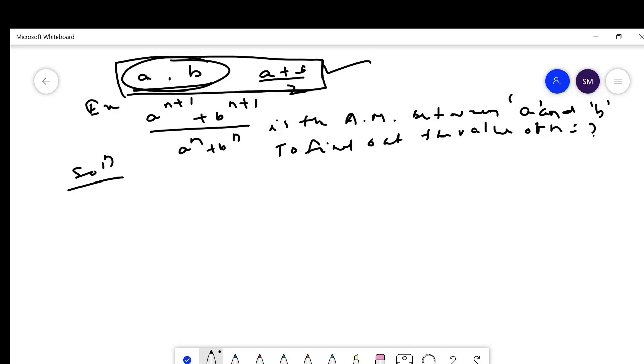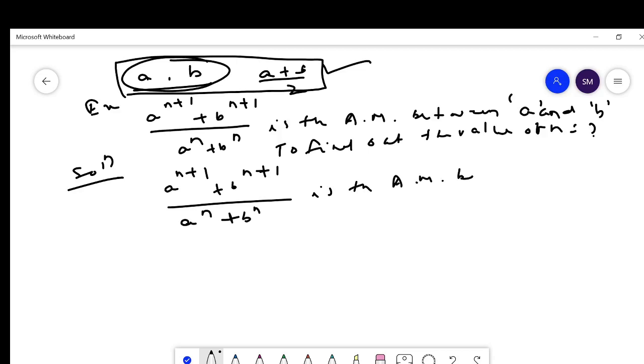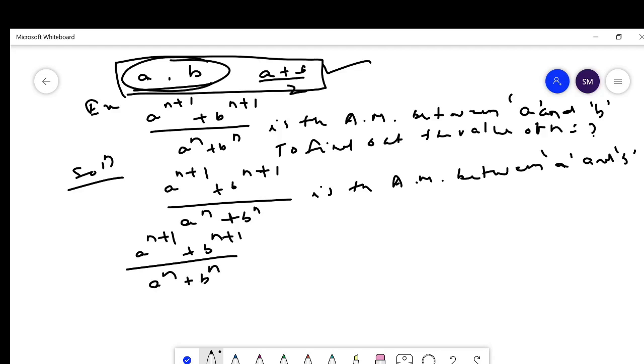Here in the question, A to the power n plus 1 plus B to the power n plus 1 upon A to the power n plus B to the power n is the arithmetic mean between A and B. This means, which implies, A to the power n plus 1 plus B to the power n plus 1 upon A to the power n plus B to the power n is equal to A plus B upon 2.